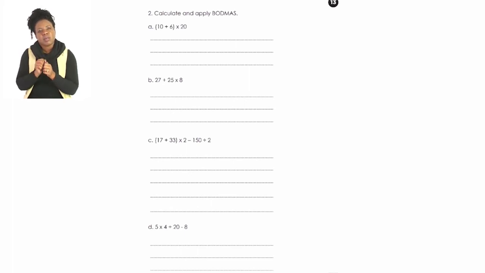Number C, in brackets, 17 plus 33 times 2 minus 150 divided by 2. Also a very, very nice BODMAS sum because there's a bracket, a multiplication, a subtraction, and a division. So a very nice BODMAS sum. And lastly, 5 times 4 plus 20 minus 8.